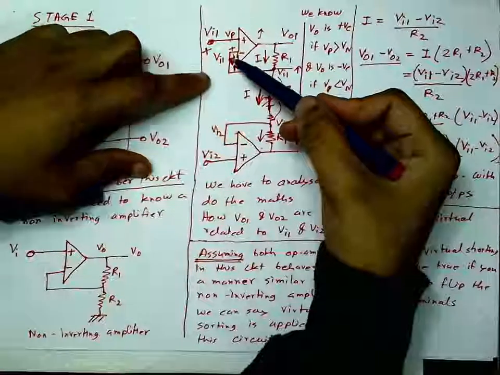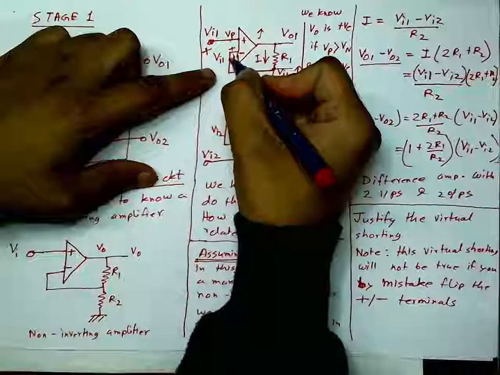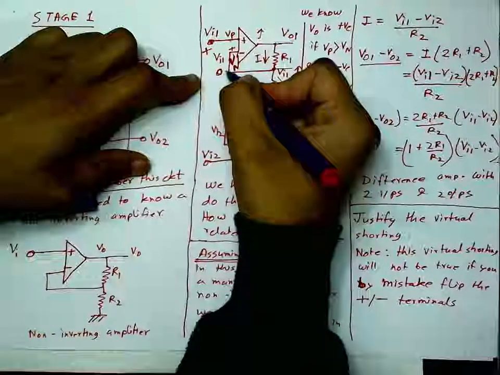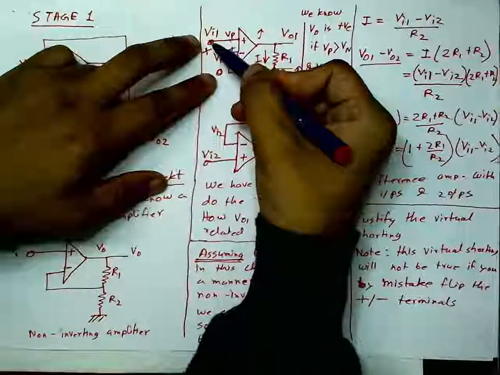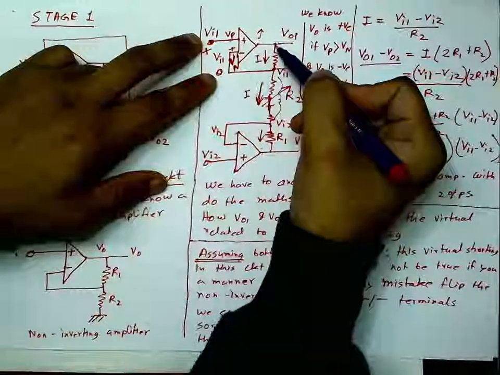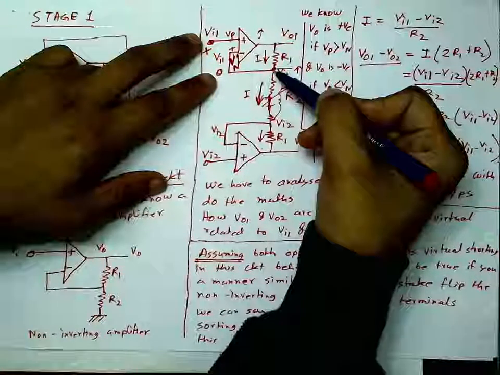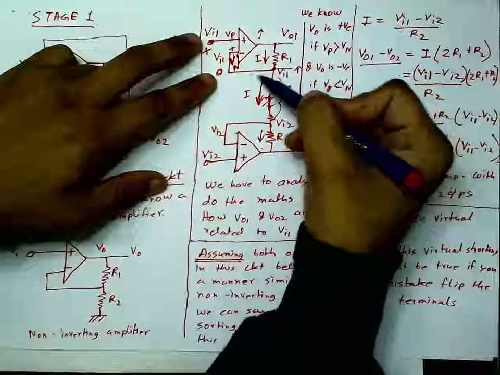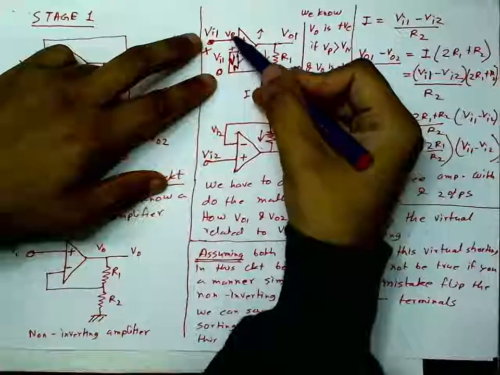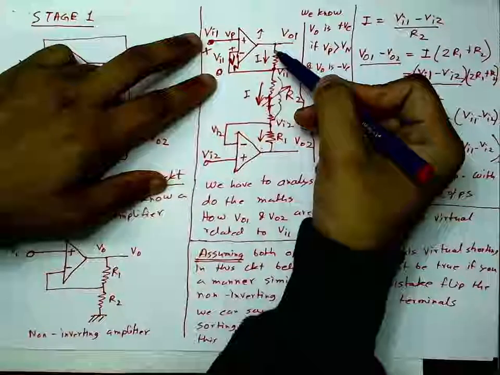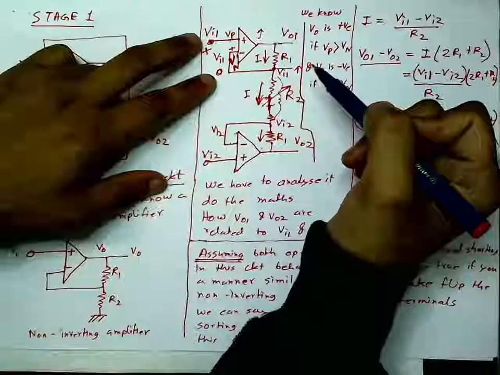Suppose at any instant Vn is 0. This is at 0 potential, and I give a positive potential here at Vp. Then the output will try to go up, which will cause this point to also go up, and at some instant this will become equal to this, and the op amp will be happy when these two inputs are at the same potential.